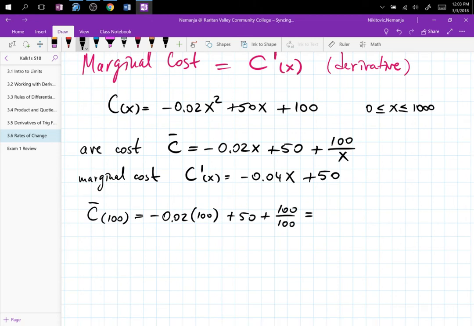That gives us negative 2 plus 50 plus 1, and we get 49. 49 what? Well, cost is in which units? What's the unit for cost? Dollars. So this is going to be dollars per unit. Now, if you are making 100 units, on average, it costs you 49 bucks to make each unit.